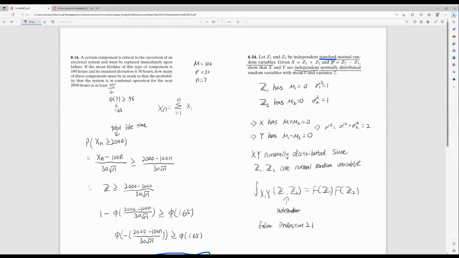And for the mu for the Y would be mu2 subtract mu1, that's also 0. And since they share the same variance, that would be variance 1 plus variance 2. That gave us 2.